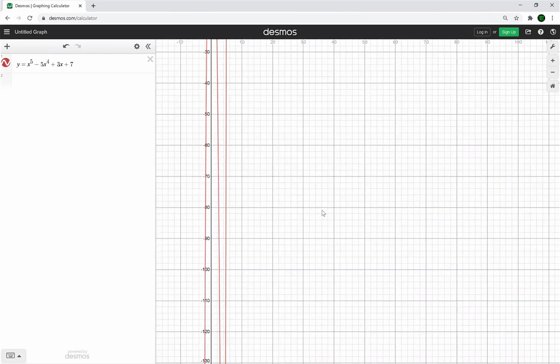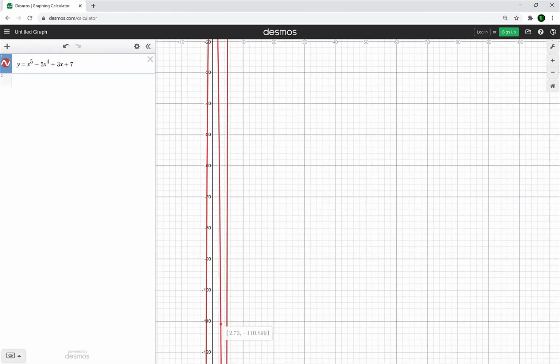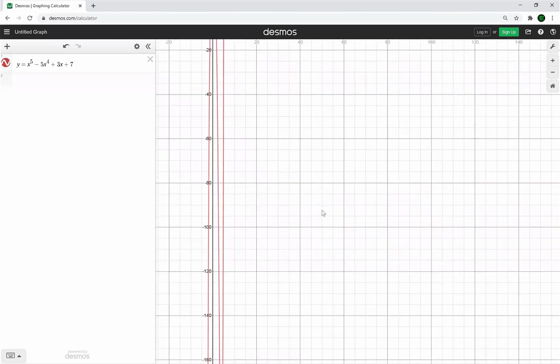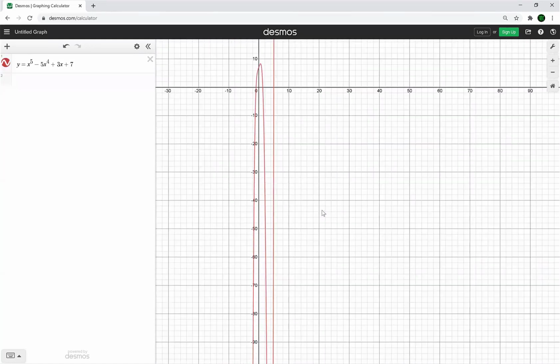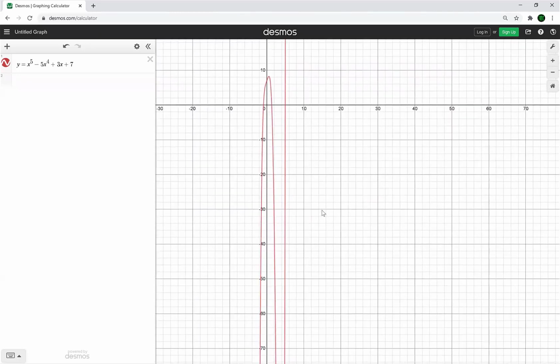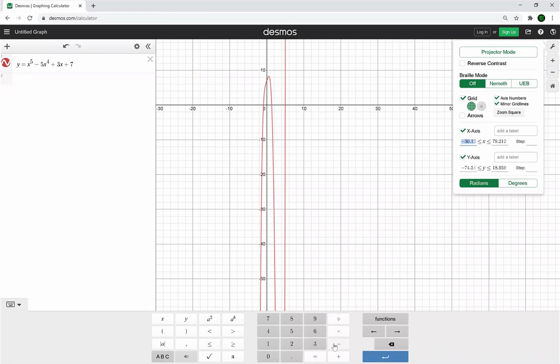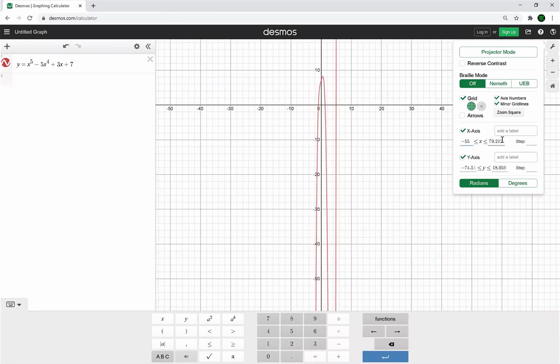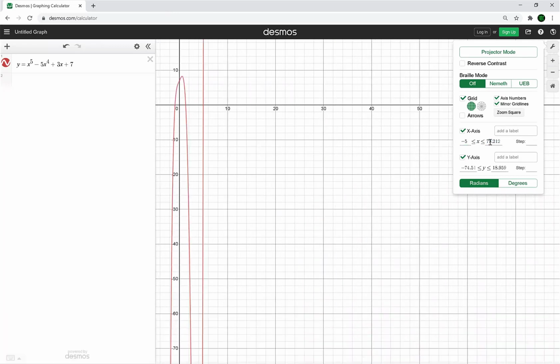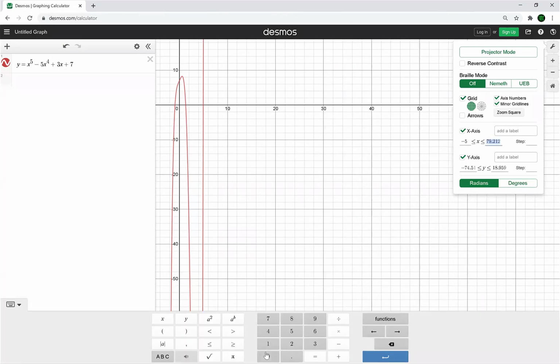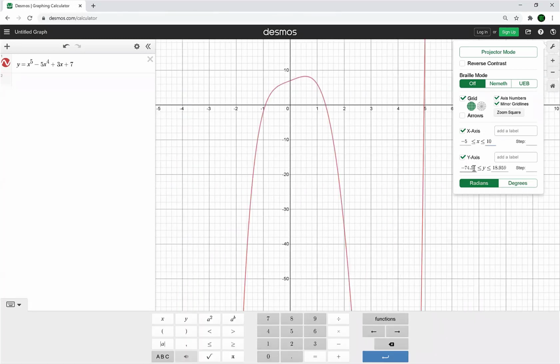It's because I can't tell with the graph because it's so narrow. Look, see how narrow it is? I'm trying to make it where I can see everything. Let me fix my window. Graph settings. I want to look from -5 to 10.